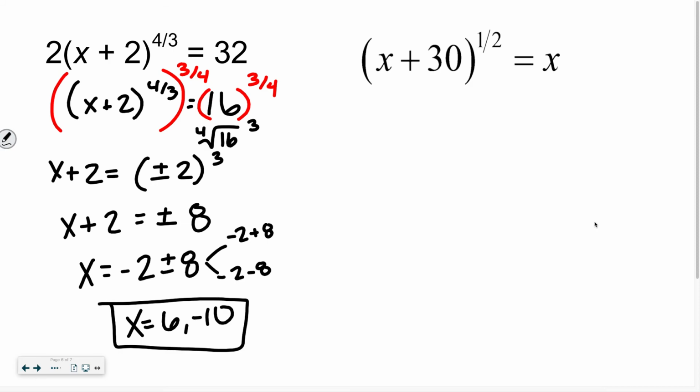What do you suppose you might do? You got a fraction exponent. It's base x plus 30. It's all by itself. Raise it to the reciprocal. What's the reciprocal of 1/2? 2.